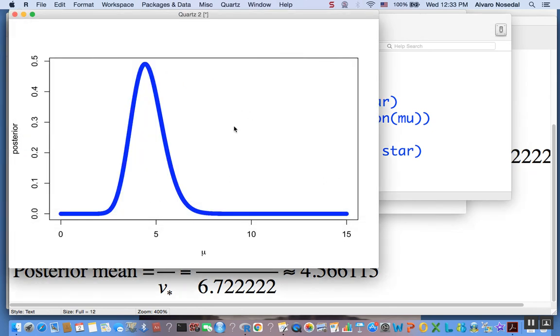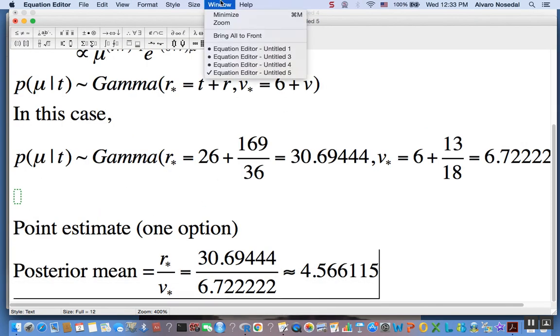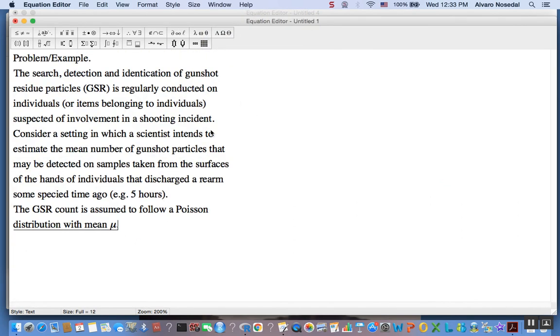Okay, so let's quickly summarize what we did here together. We analyzed that sort of data using a Bayesian approach. That data set had a binomial likelihood. The data was mathematically modeled using a Poisson distribution.